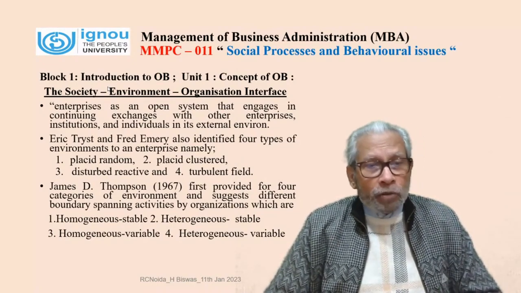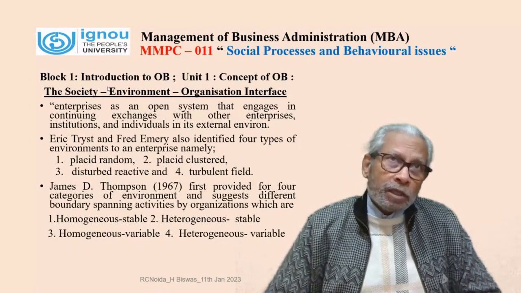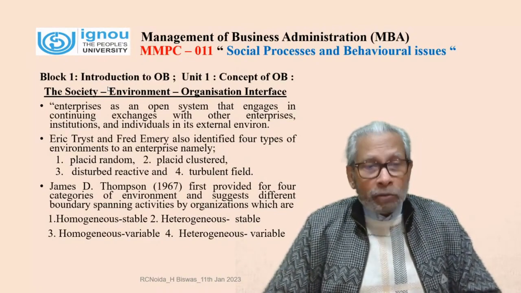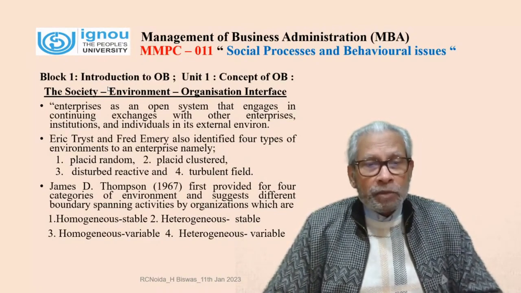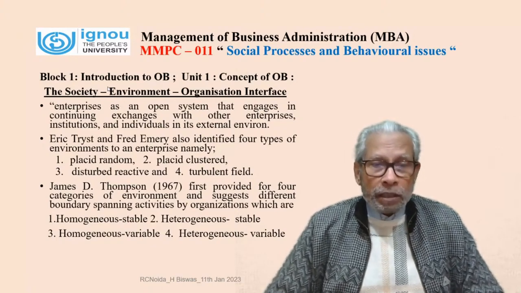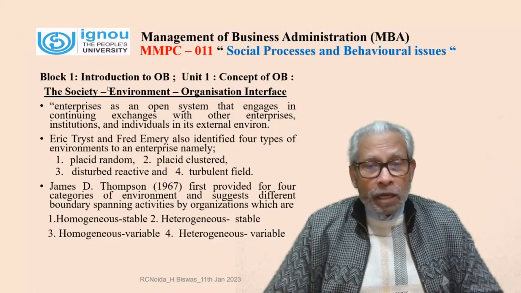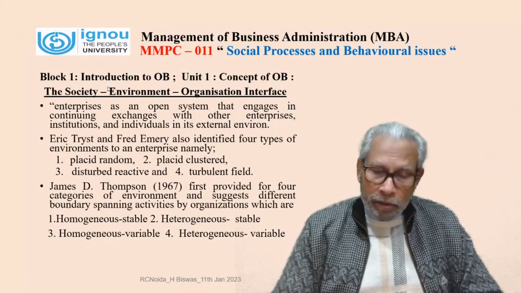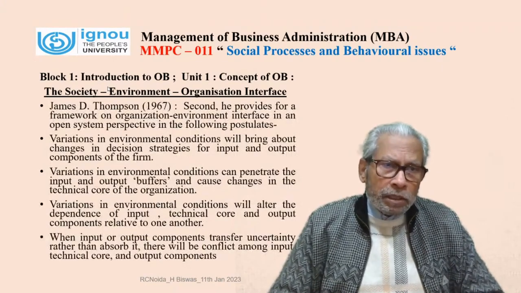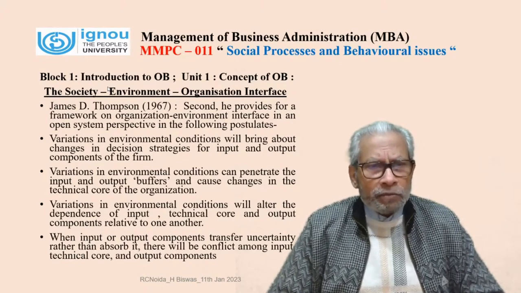Then James D. Thompson in 1967 first provided four categories of the environment, and suggested different boundary-spanning activities by organizations, which are homogeneous stable, heterogeneous stable, homogeneous variable, and heterogeneous variable, like this. And Thompson also provided a framework for the environmental interface.